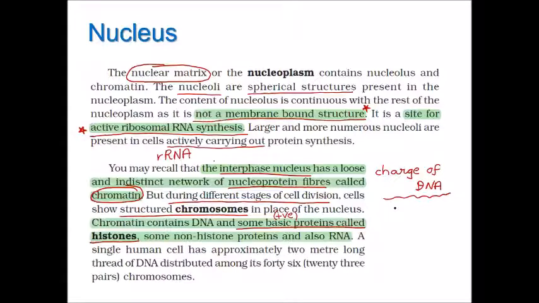So I think positive. Why do you think it is positive? So because DNA has proteins, and here upper one you said basic proteins, they have positive charge. So I feel positive. No, the proteins could be both acidic or basic. Some are acidic, right? So I guess they are negative.